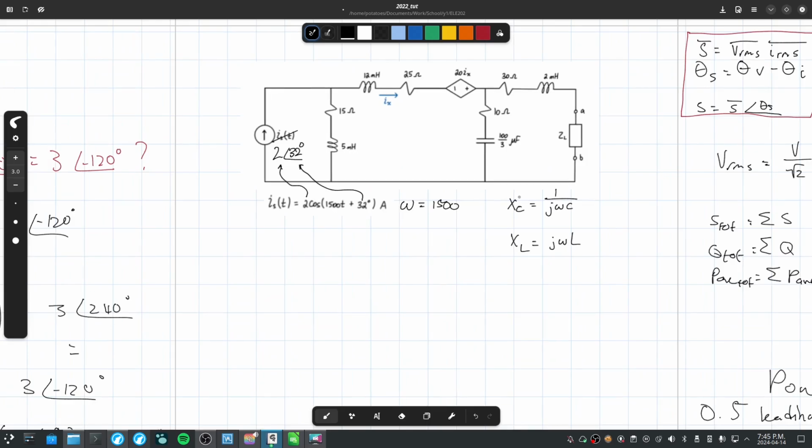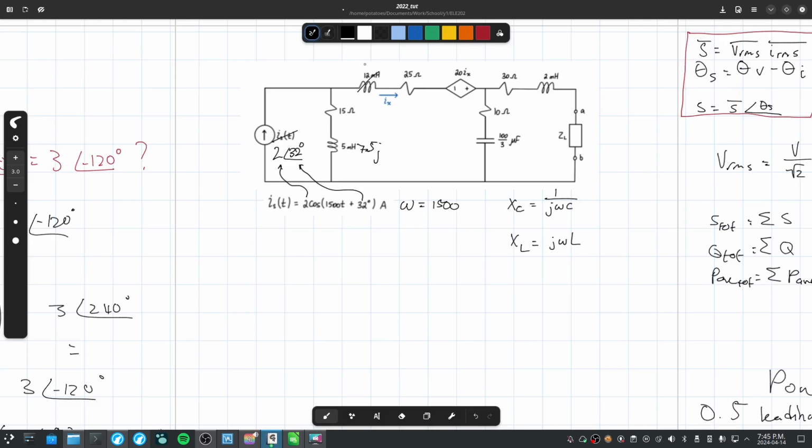Let's do that. This here, 5 millihenries, that's going to be J times ω, which is 1500, times the inductance, which is 5 times 10 to the negative 3. You get 7.5J. This is 12 millihenries. Let's do that as well.